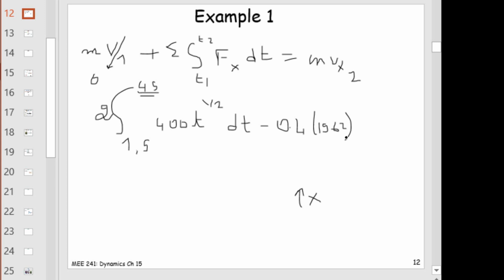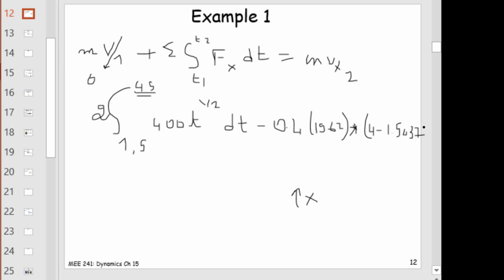So this is my frictional force times delta t. Now I don't need the integration, because this frictional force is constant between, of course, 1.5 and 4. So it is T2, which is 4, minus T1, which is 1.5037, and this will be equal to m vx2.